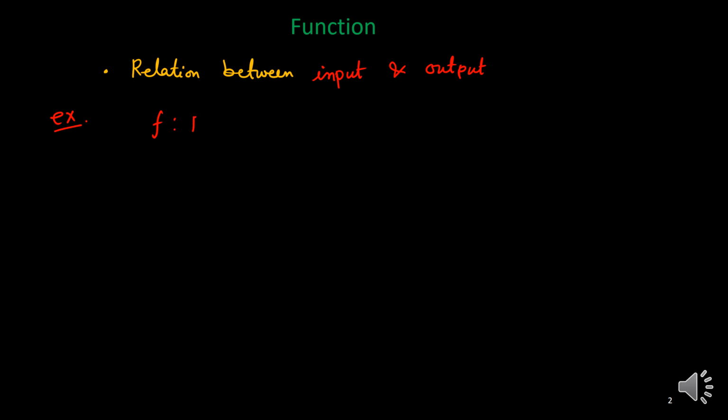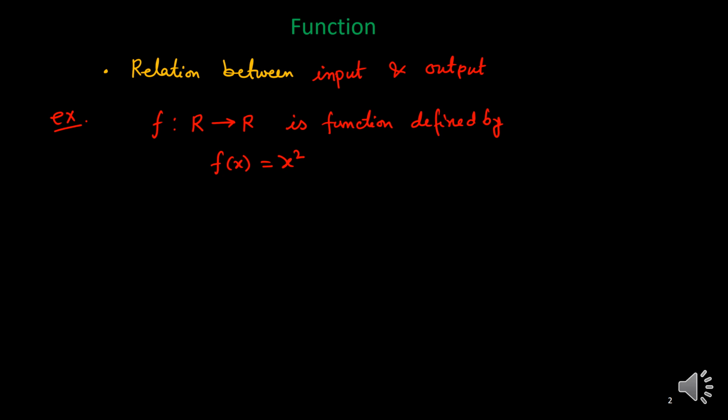Suppose this is R to R, a function, is defined by, now we'll define this thing, f of x equals x square. This is one complete function. Now we'll try to understand what this is.